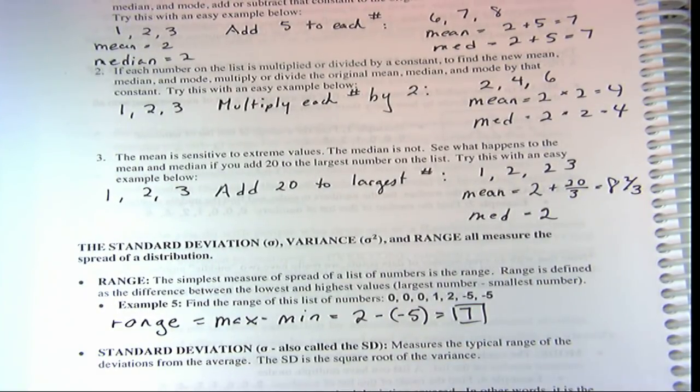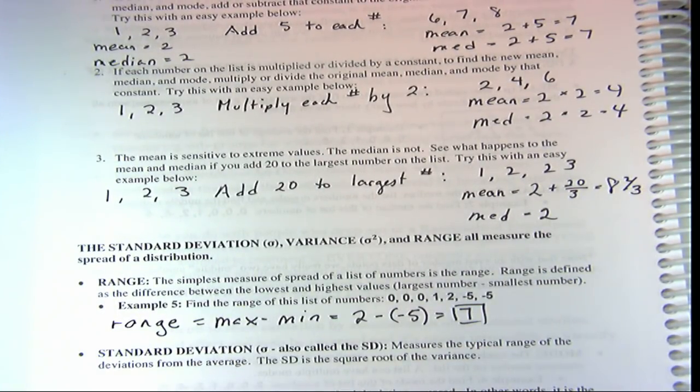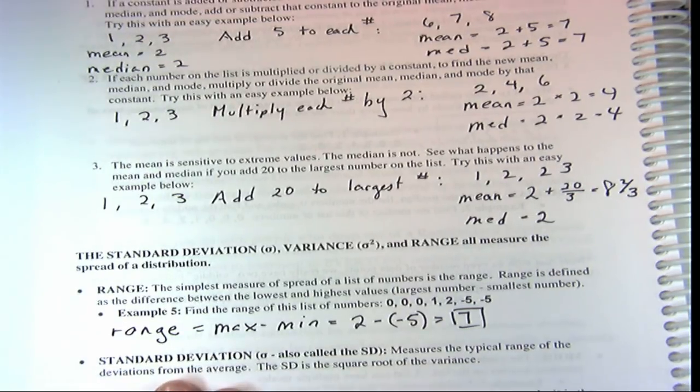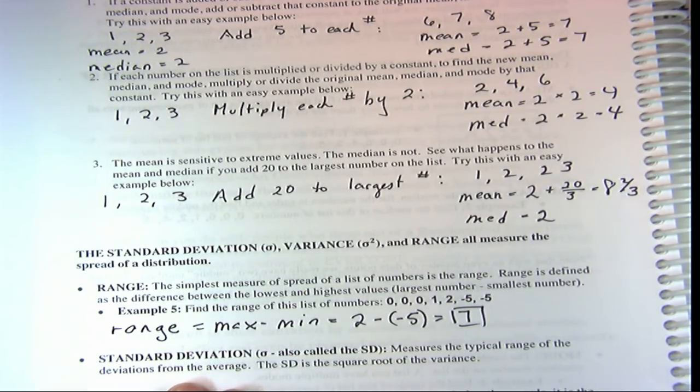That's the simplest one. It just takes into account the highest and the lowest numbers. Now the standard deviation is much more widely used, of course, because it takes into account not just the smallest and the biggest numbers, but every single number on the list and their distance from the average number.